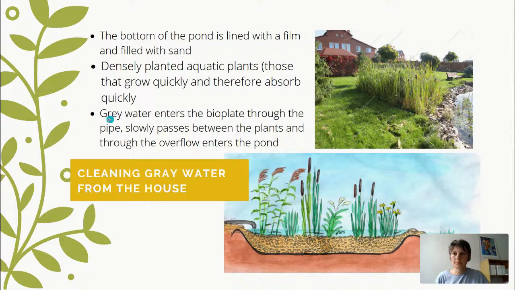So water goes from the pipe to this lower pond and goes through the sand and through these plants, and then it goes to the bigger pond, and it's almost clean, so you can use this water to water the plants again.